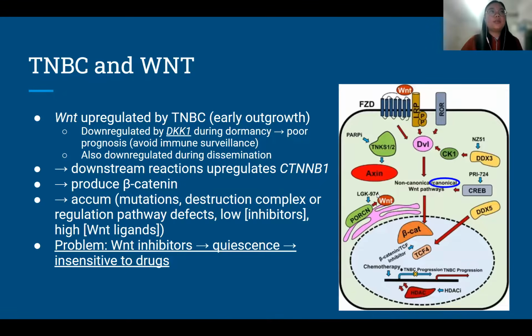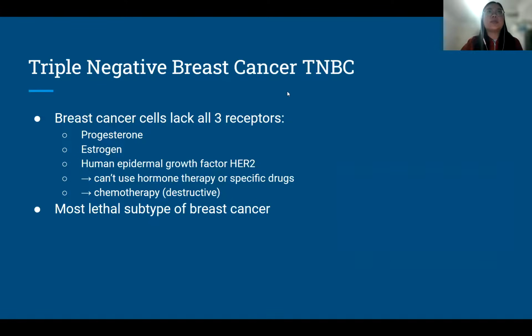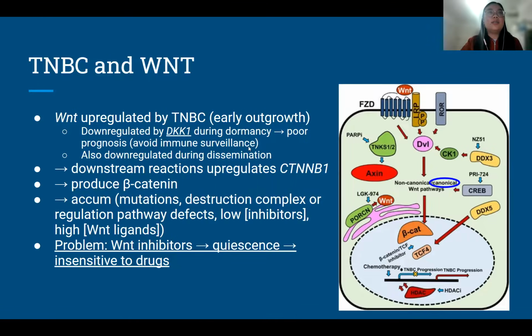Right, so the correlation between, actually I have to explain the background first. There's a lot of background here. TNBC earlier is triple negative breast cancer. In the canonical pathway, the Wnt factor is upregulated in these cancer cells in the early outgrowth stage, and this will lead to downstream reactions which will upregulate the gene that produces beta-catenin.